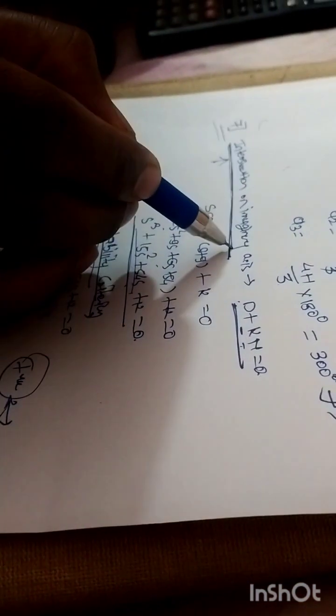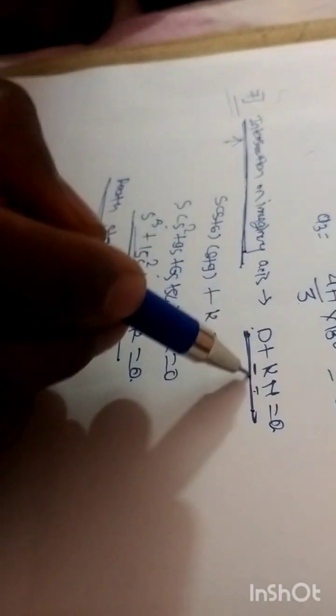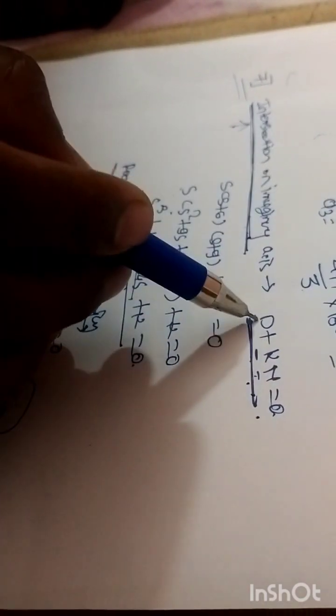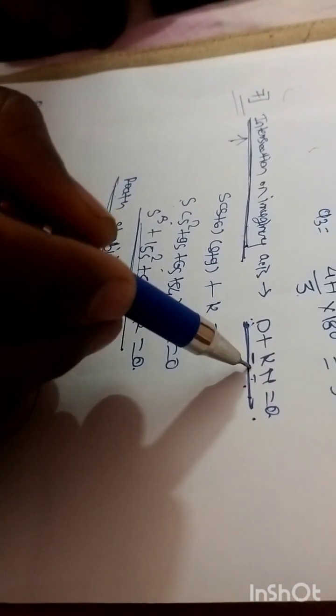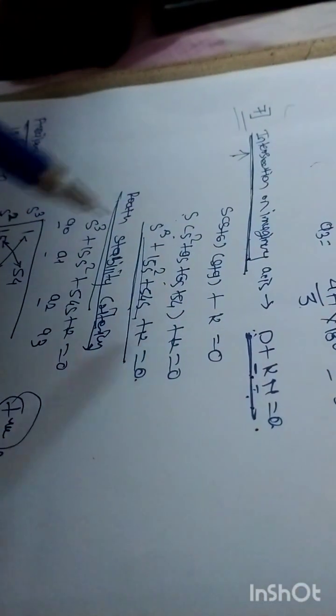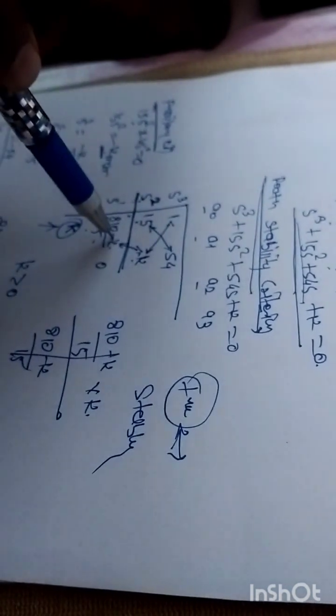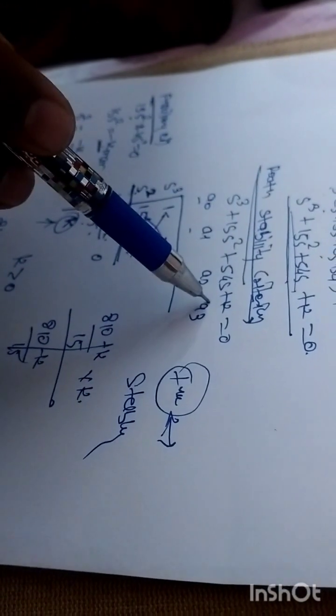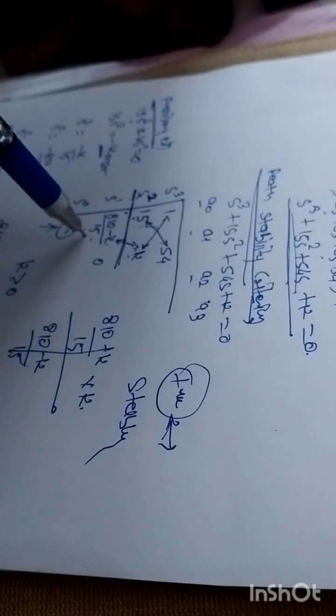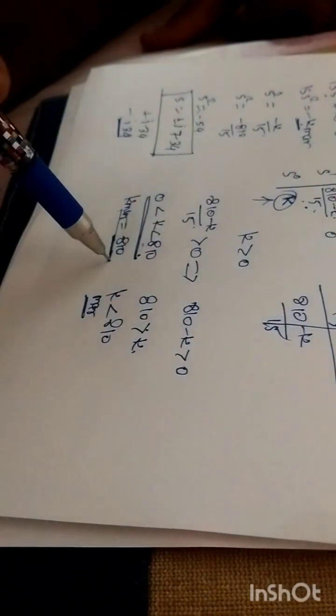Last step, intersection of imaginary axis. This is the relation for that, d plus kn equals 0, where we put the desired values of the denominator and numerator polynomials, and we declare one root array from this characteristic equation. The marginal value of k is 810.